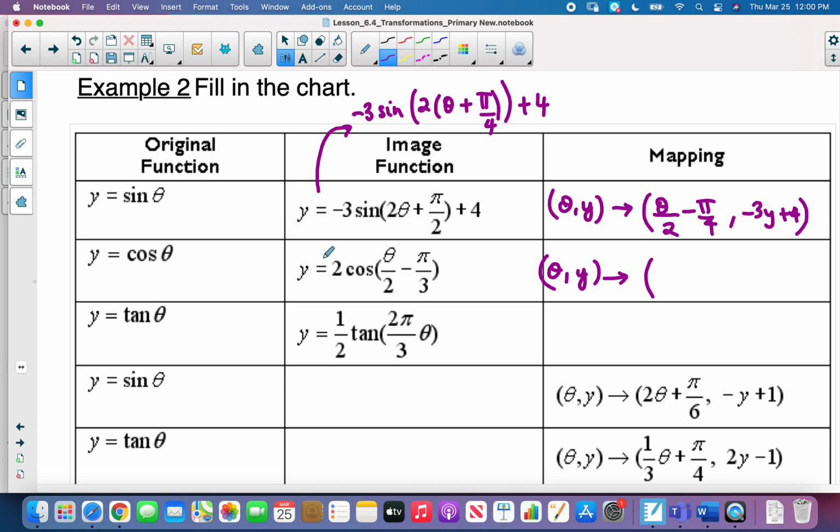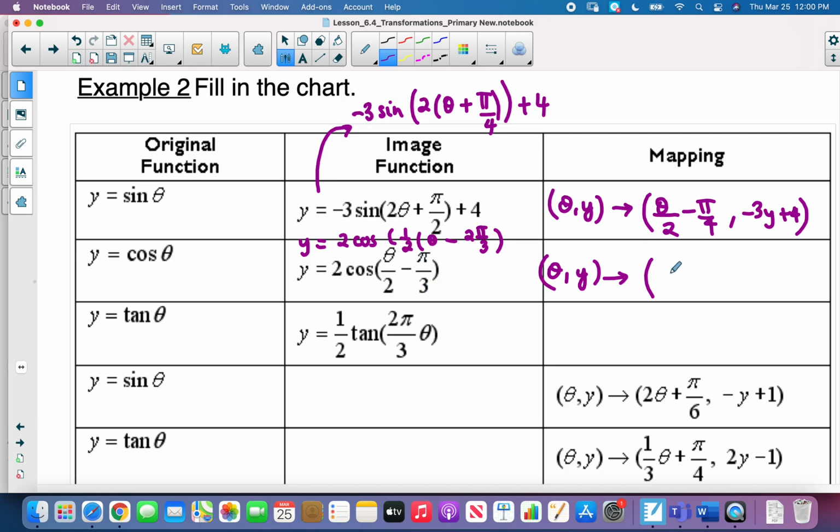Again, there's a bit of work here. This is y equals 2 cos of one half times (theta minus 2 pi over 3), factoring out the half, because half times 2 pi over 3 will be pi over 3.